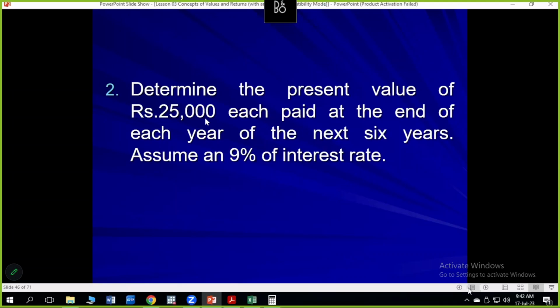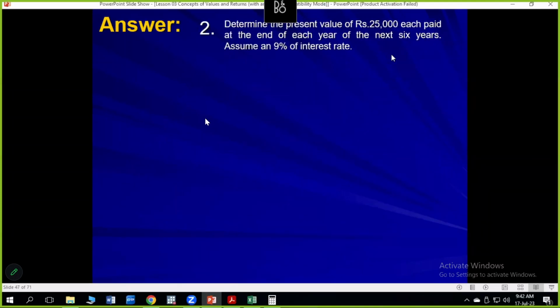You collect the information as given in the first example, bring down the formula, apply it, substitute, and find the answer. I present here the final answer, but you want to do the workings as I present here.